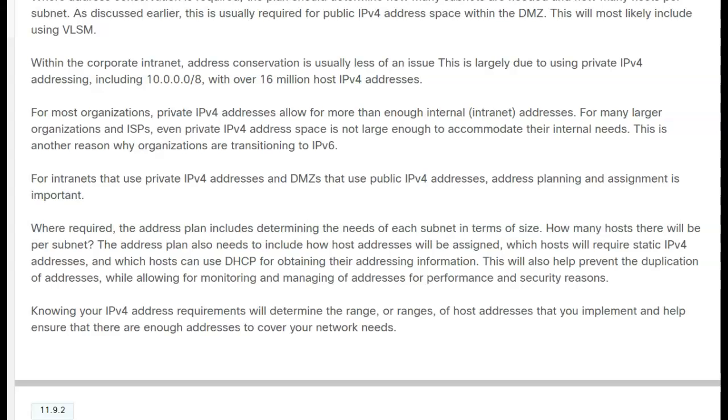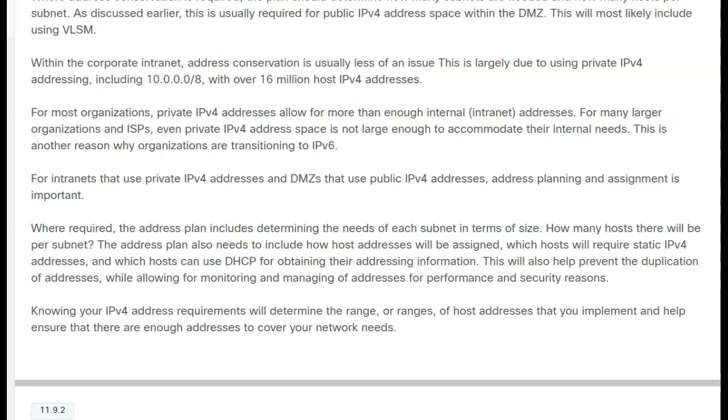So where required, you need to make sure your address plan determines the need of each subnet, determines its size, how many hosts you're going to need per subnet, and that's probably where you're going to look at that VLSM process to help minimize how you waste addresses.